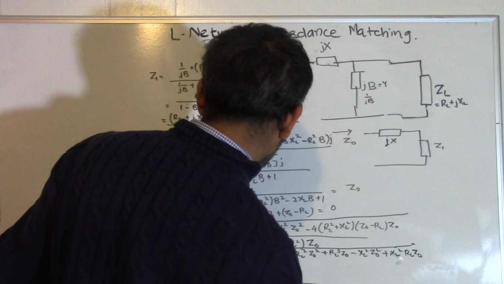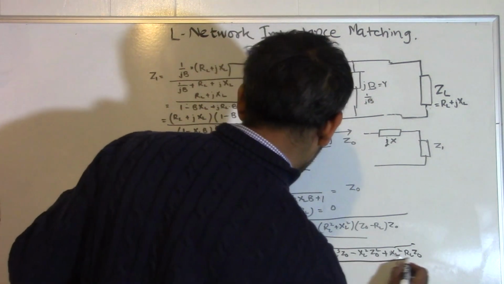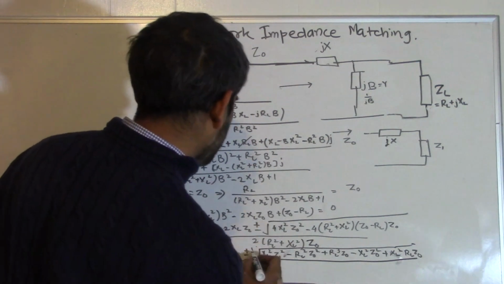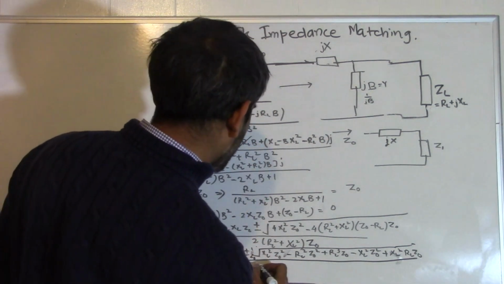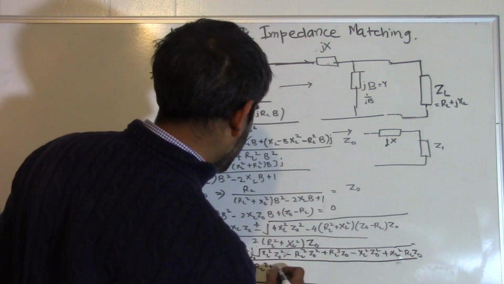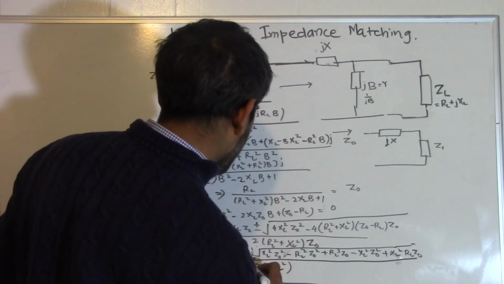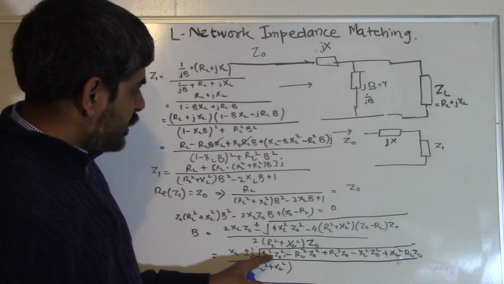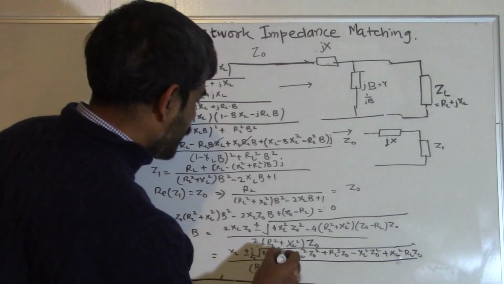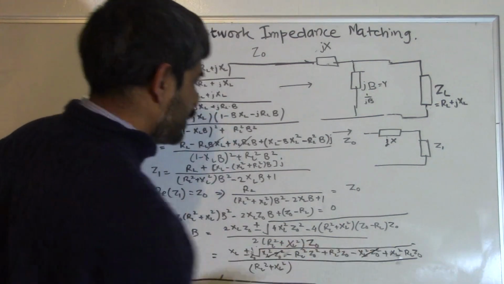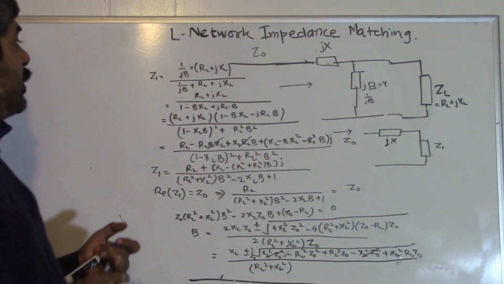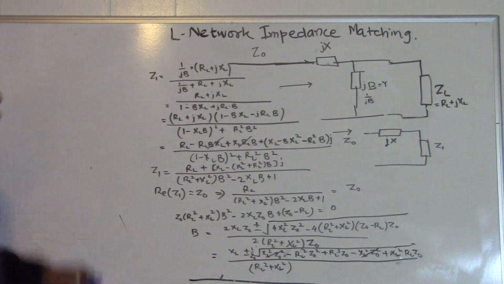Divided by RL square plus XL square, as I divided it by the Z0. This XL square RL Z0 cancels with this XL square RL Z0. We have slightly simplified the expression.